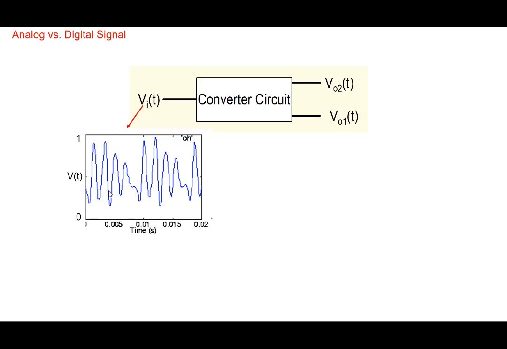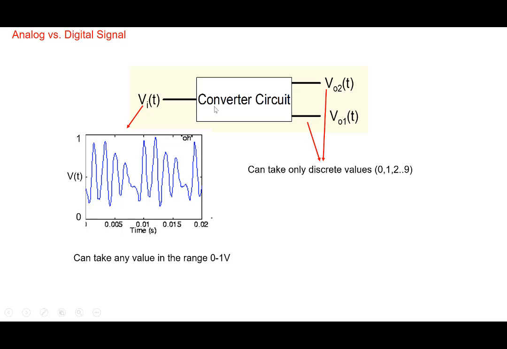And let's convert this analog signal into a two-digit number. Okay. And so these two digits are the following. So for example, let's say the voltage at this particular point is 0.67 volts. So the two digits will be, this is the most significant digit, 6, the first decimal place, and this is the second decimal place, 7.